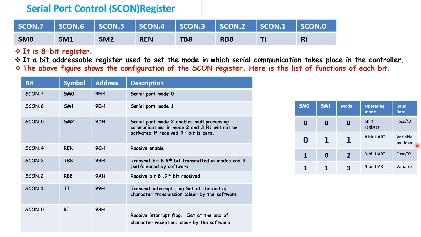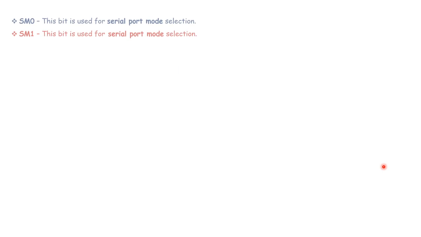This mode is mostly used in serial communication. 10 gives mode 2, a 9-bit UART, and the baud rate is the crystal oscillator frequency divided by 32. 11 gives mode 3, also a 9-bit UART mode. So these are the modes of serial communication decided by the serial control register.